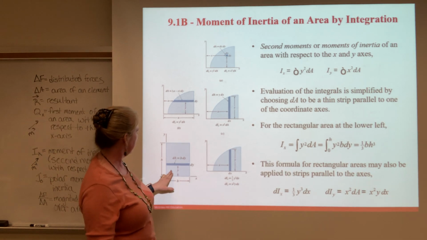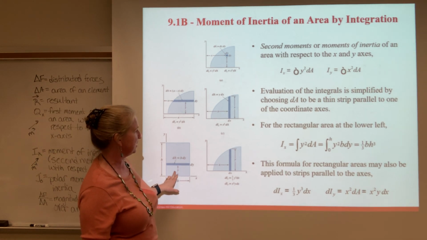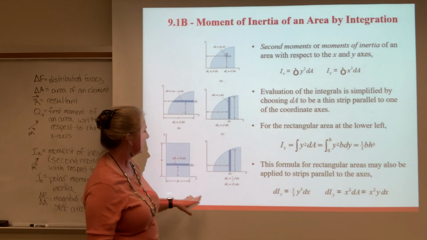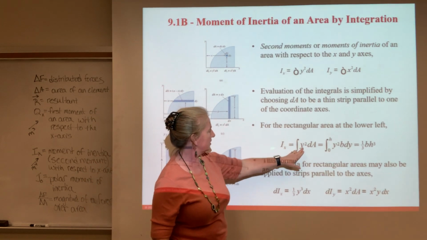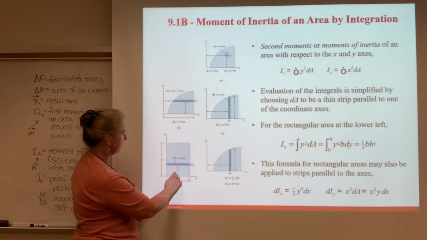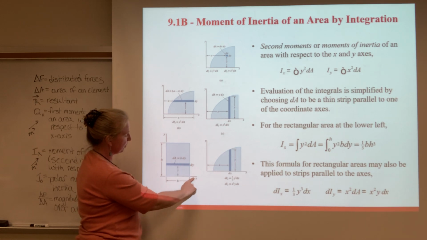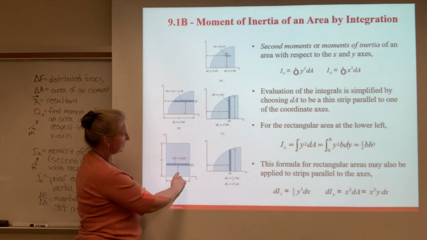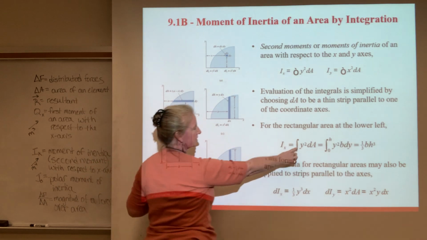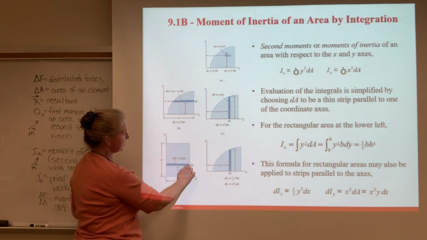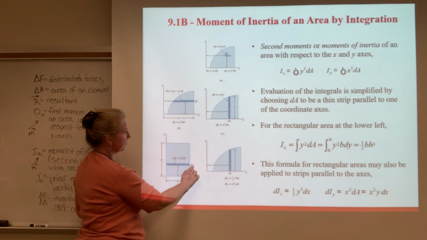If I reference this rectangle over here, I sub x is my moment of inertia with respect to x. It's the y distance, so that's my y squared, times this area. So what is this area?